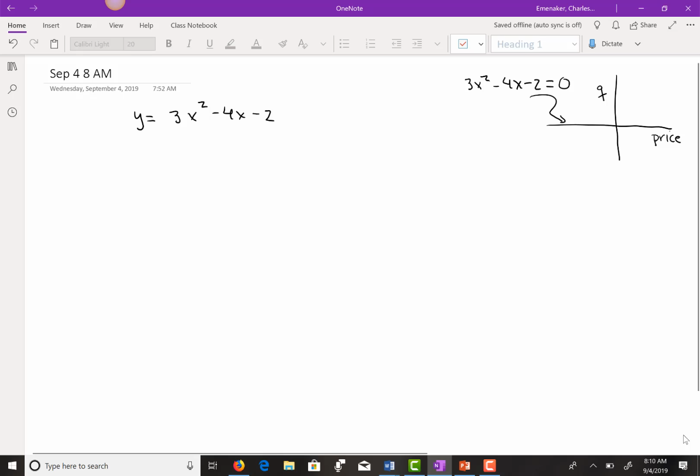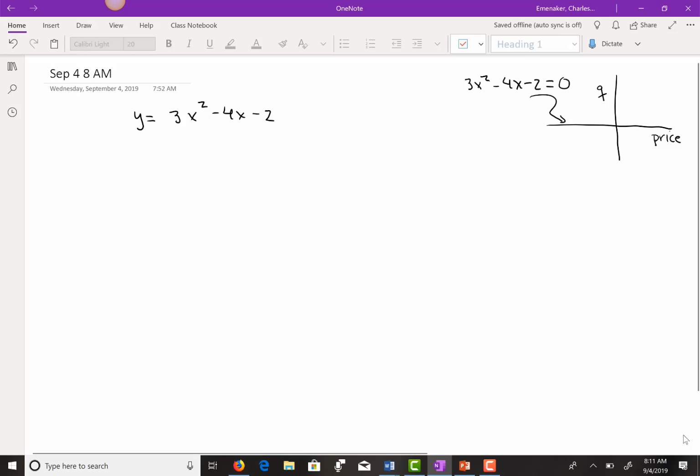Suppose instead of price that was profit. That would be where the profit is what? 0. And where the profit is 0 is the break-even point, if you'll recall. Does that make sense to everybody? We're all semester, all year long, going to be talking about, okay, so we've got x equals whatever. What does that really mean? And that is very, very important for you to be able to get to on each problem.